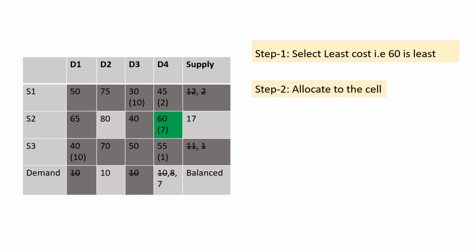Then we adjust the supply and demand. 17 minus 7 remains 10, and 7 minus 7 remains 0. The next task is to delete the row or column having 0 demand or supply. As you see here, all are allocated, so we can cancel this column.